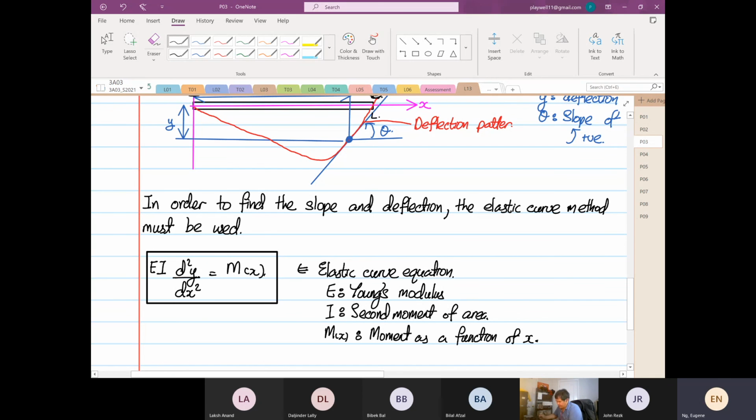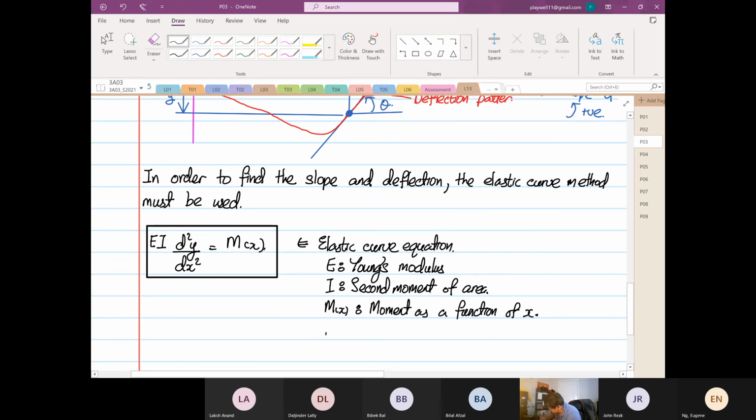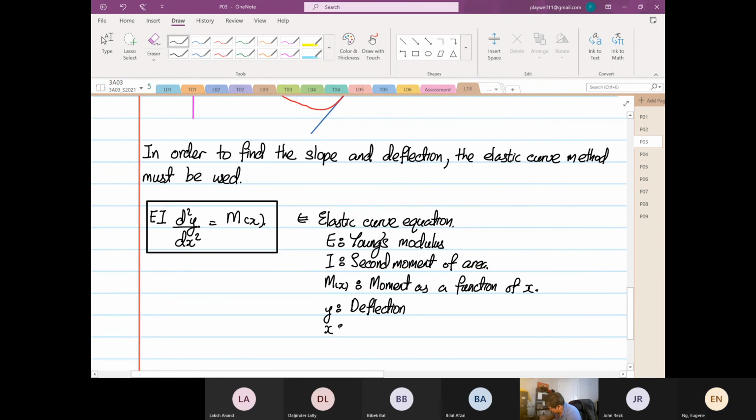And y is your deflection. X is the distance along the beam, not just any x distance, along the beam.